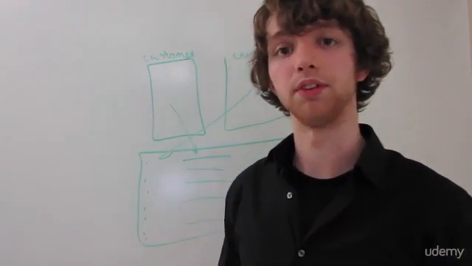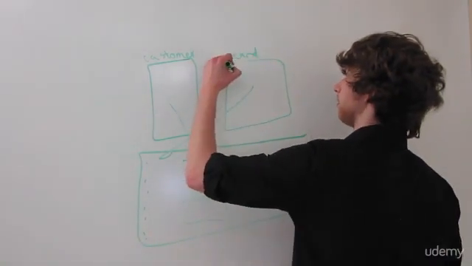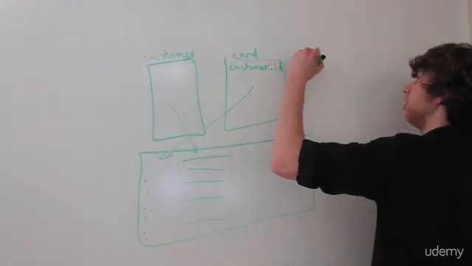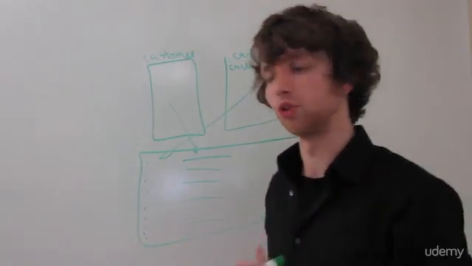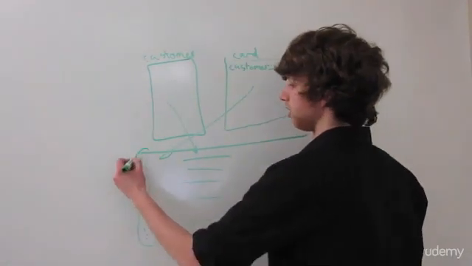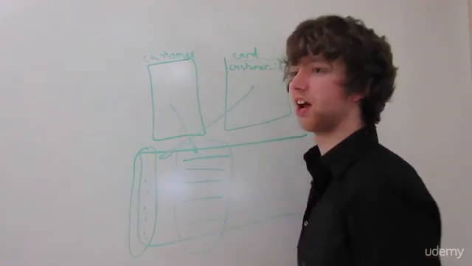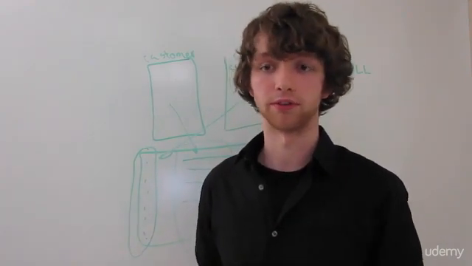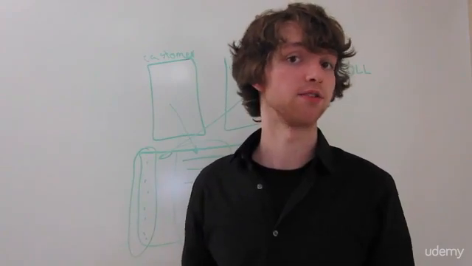Now, there's something to consider with this. If we set it to where within the card table we have customer ID, we give that a column characteristic of not null, that might confuse you a little bit, because then every single card here is going to have an associated customer, which is the whole point of the right outer join, or the left outer join for that sake, is to include the rows that don't have that association.